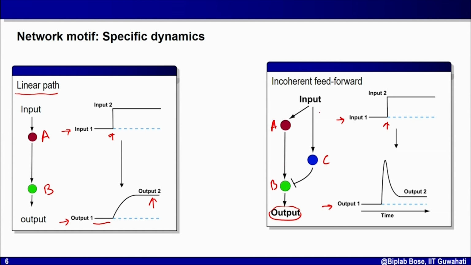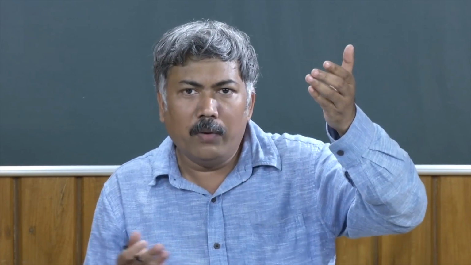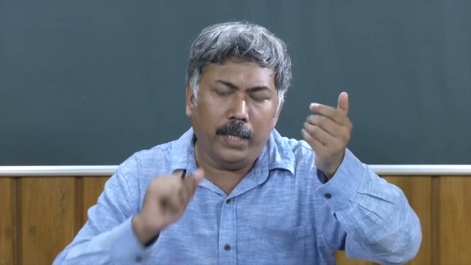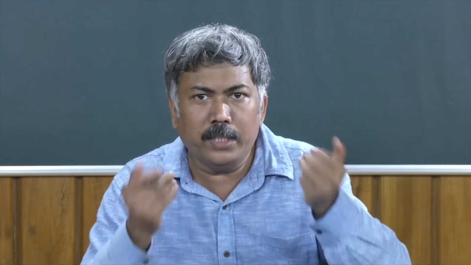But at the same time, input is also going to C and it is telling B not to increase. As you increase input, this negative path is also getting activated. So as I increase input, one path is telling B to get more activated, whereas the other path is telling it to reduce the amount of B. So there must be a balance between this.